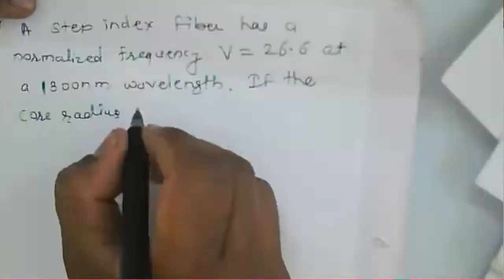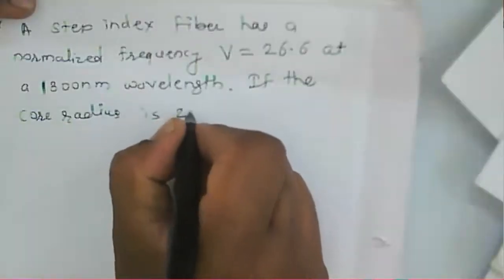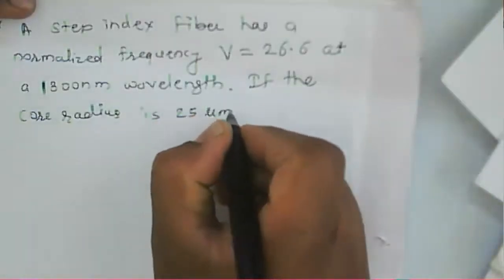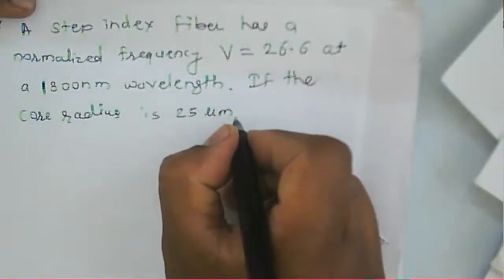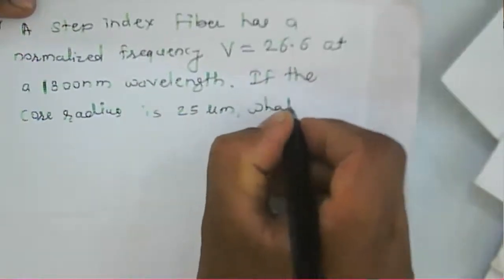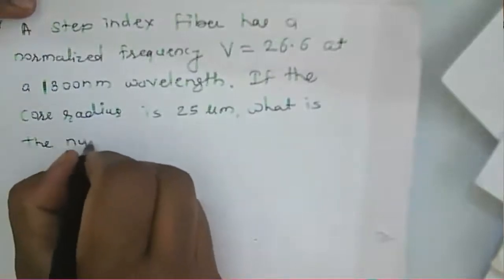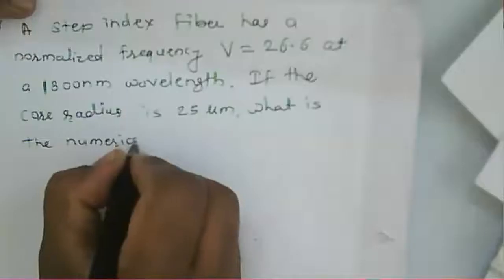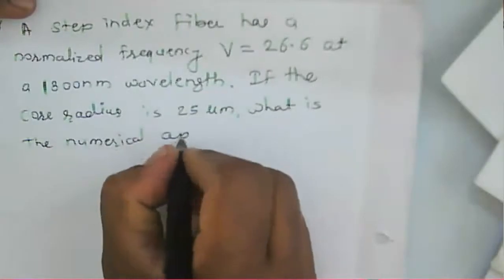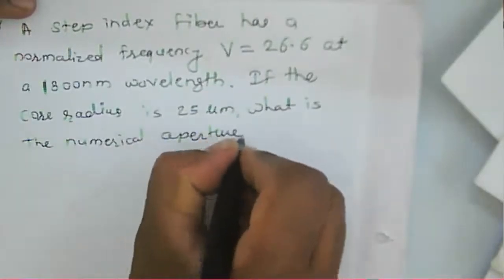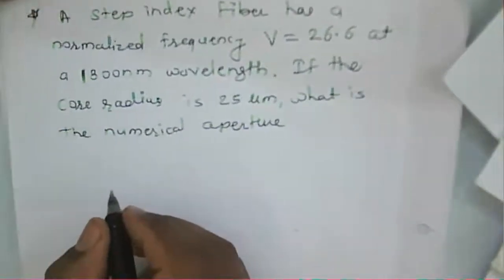If the core radius is 25 micrometer, what is the numerical aperture?